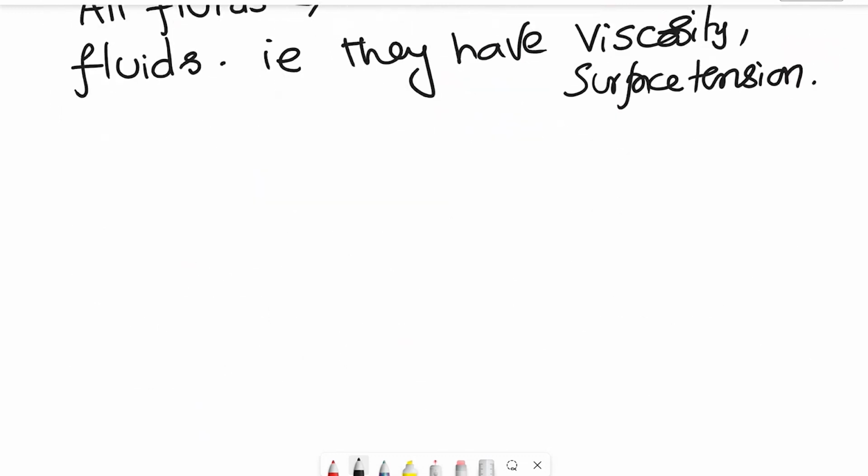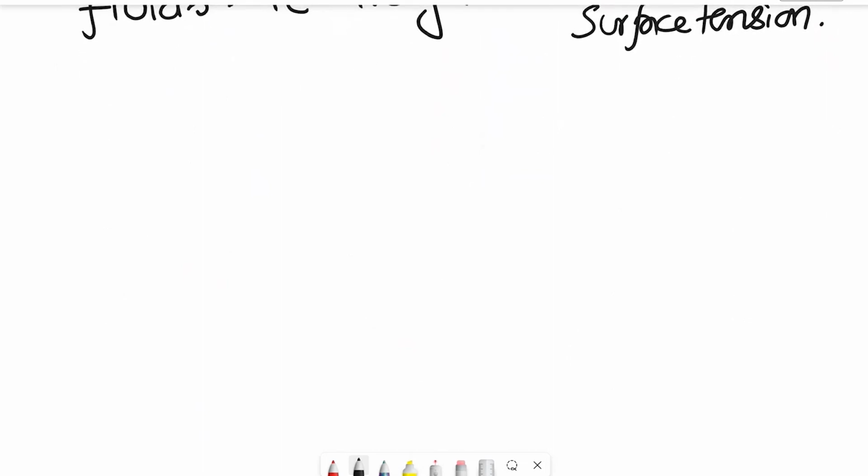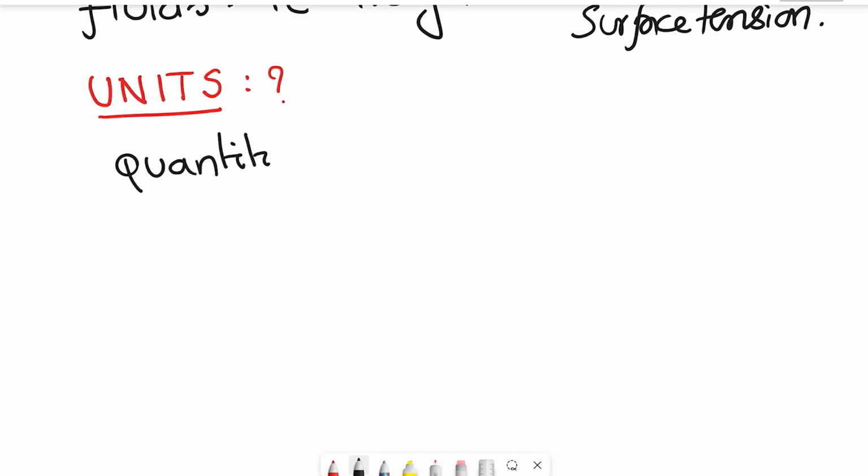But before that, if you want to study fluid mechanics, first we should know what the units are. Why units actually? Units mean the measurement of quantities.